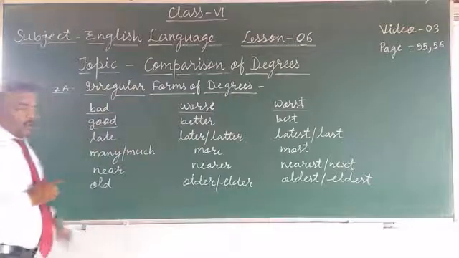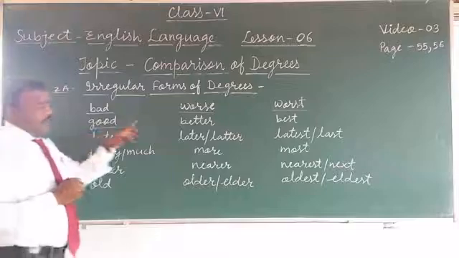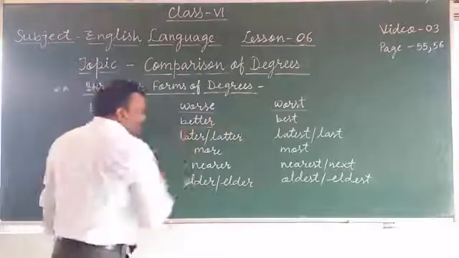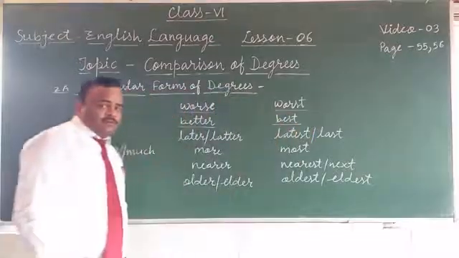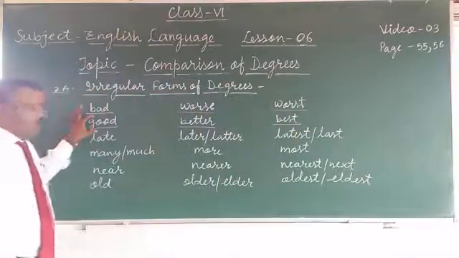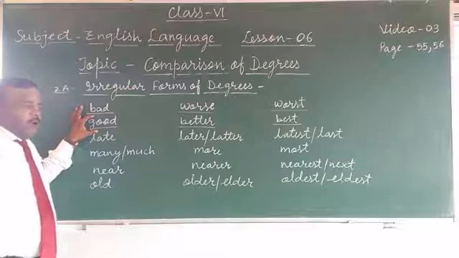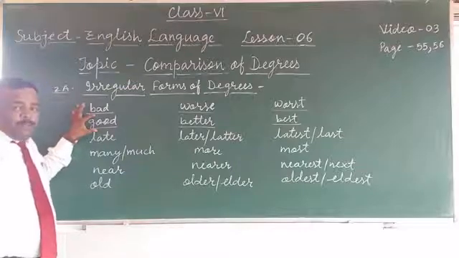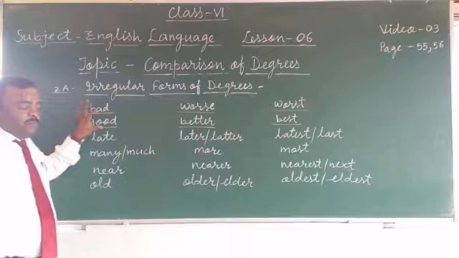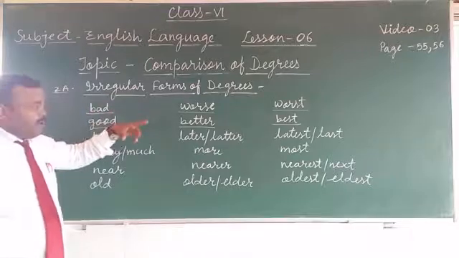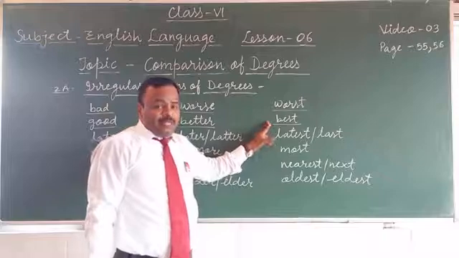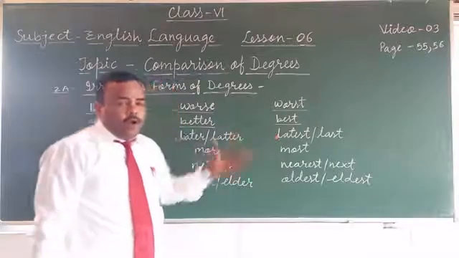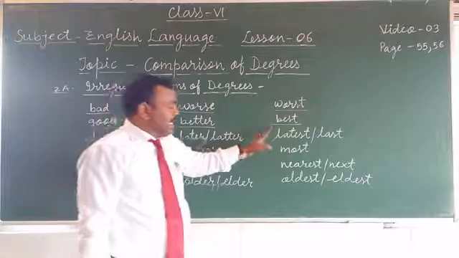But here these adjectives have irregular forms. Good is positive degree, its comparative is better, and its superlative is best. Okay, Ram is a good boy, or this is a good pen. So this pen is better than that one. Okay, and we can say this pen is the best pen, or Ram is the best boy in the class.